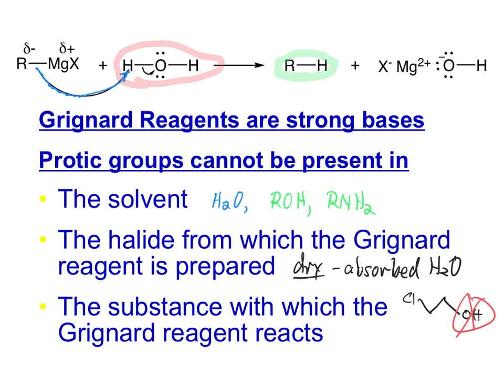And in the thing you react the Grignard with, right? If you have your carbonyl, the thing we want to target with our Grignard, if there's something protic in another part of the molecule, that will react faster than the group we want, and so that would quench our Grignard, right? So there can't be any protic groups, water or anything else, in the reaction mixture.